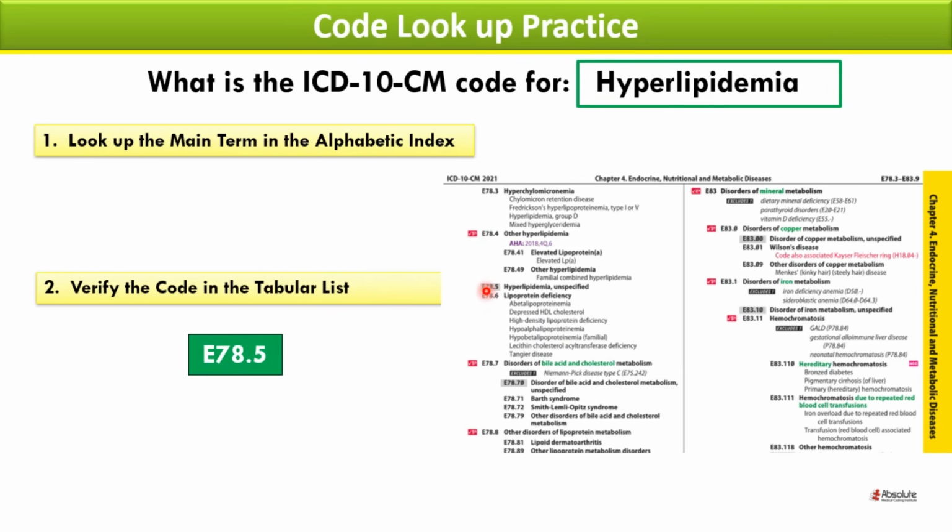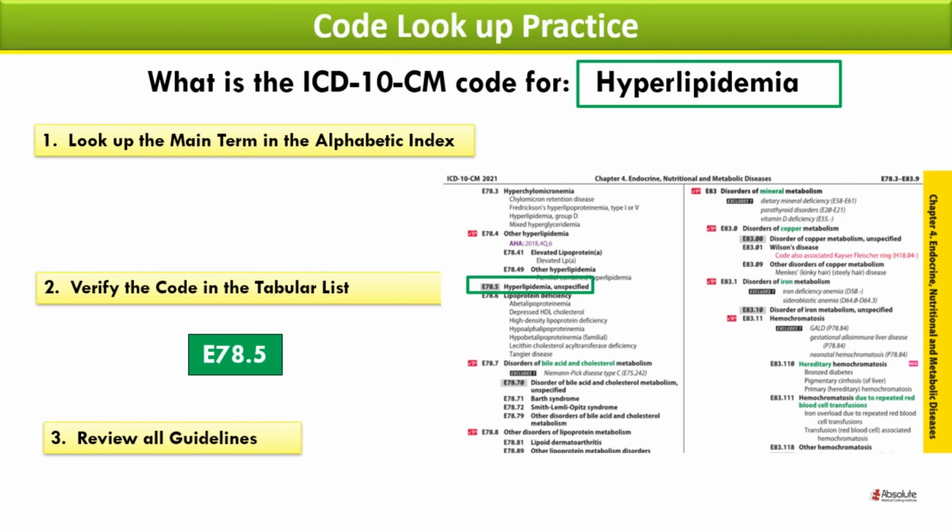E, then you look in numeric order. After you find your letter, look for the numbers. So E all the way down to 78.5, hyperlipidemia, unspecified. That looks to be correct, but we have a third step. That third step tells us that we have to review all guidelines. Well, we haven't learned any guidelines.